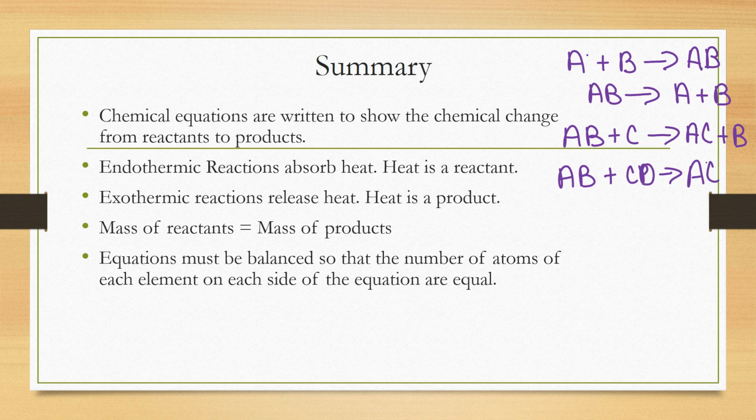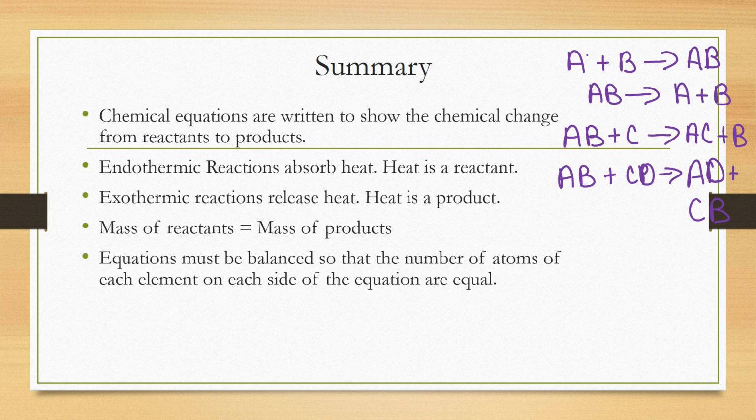Let's do it like that. AD plus CB, something like that. And then there's going to be one last format that we're going to talk about, but it's special, and I'm going to put it last.